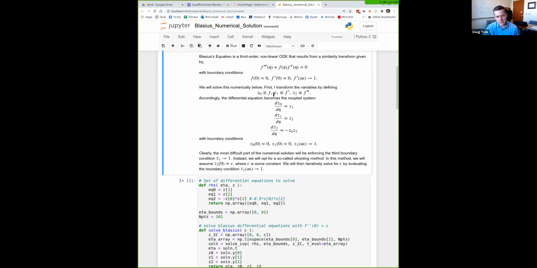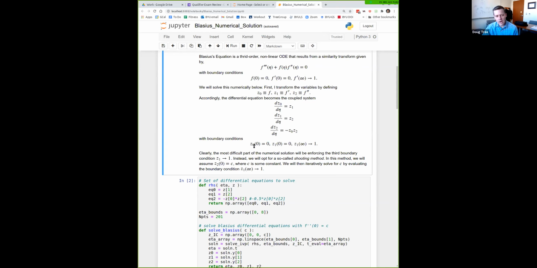That makes sense, that's just this equation right there. The derivative of z1 with respect to eta is z2, that's just that equation right there. And then dz2/d eta should equal minus z0 z2. That's that equation right there. So the third derivative, the derivative of z2, is equal to minus z0 (f) times z2, which is the second derivative.